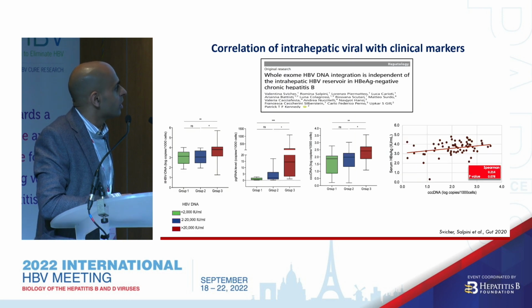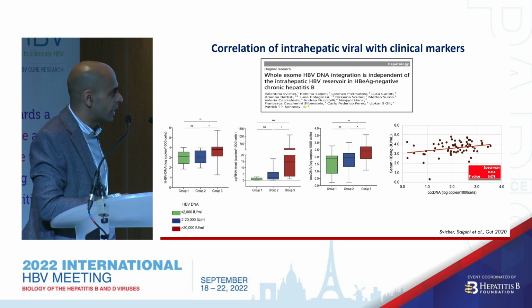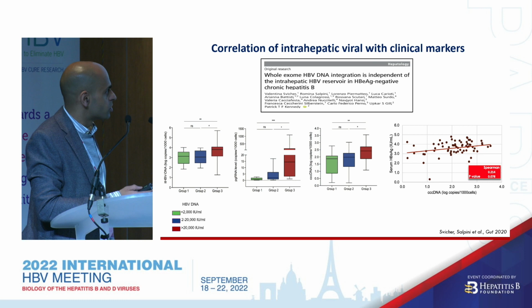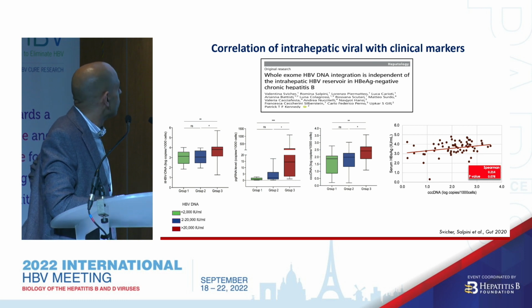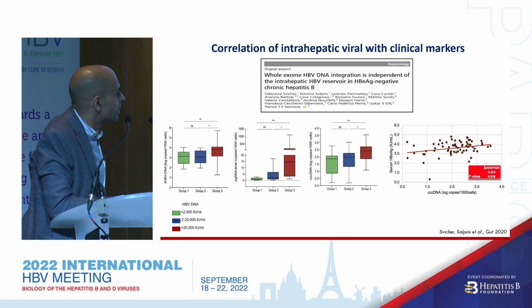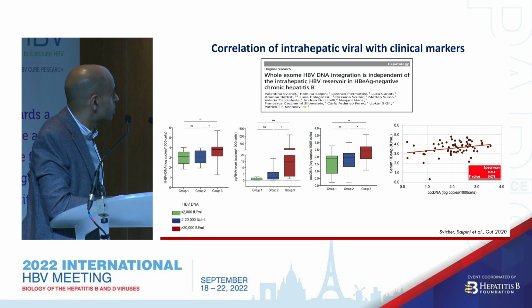Now, we did some work looking at some viral markers, and I want to show you this in terms of correlation of clinical parameters with viral markers, which Barbara has already mentioned. Here we looked at intrahepatic HBV DNA, in a cohort of antigen-negative patients, pregenomic RNA and cccDNA, and we're able to see that these correlate quite nicely with HBV DNA.